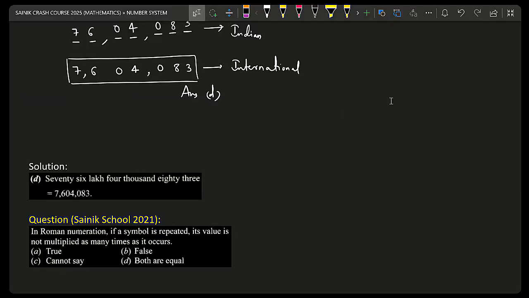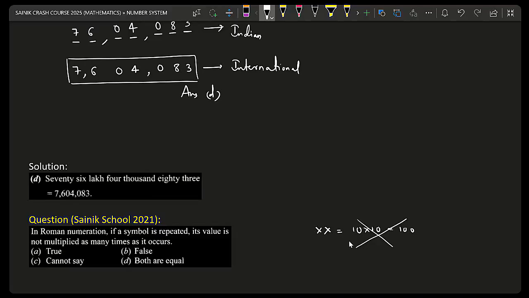That means, for example, you tell me any Roman numeral where the Roman letter is repeated. Sir, it's 20. Okay, XX. XX means they are saying it is not multiplied. We are not going to multiply 10 and 10, right? Will you multiply 10 and 10 and write 100? No, sir. So they are also saying the same thing.